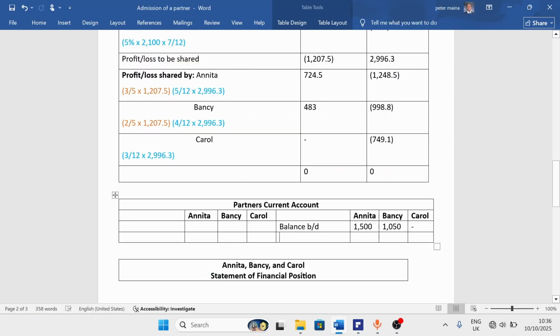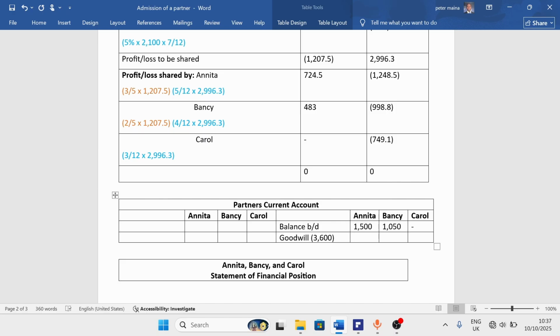In the current account, we are going to recognize the goodwill. So the amount we are going to share is 3.6 million. And remember, we are going to share using the old profit sharing ratio, which was 3:2. For Anita, we are going to take 3 divided by 5 multiplied by 3600.